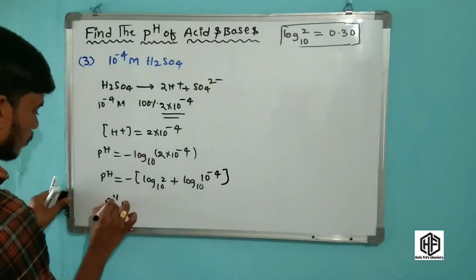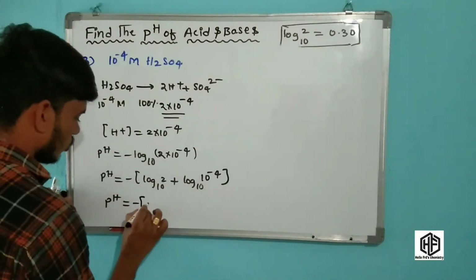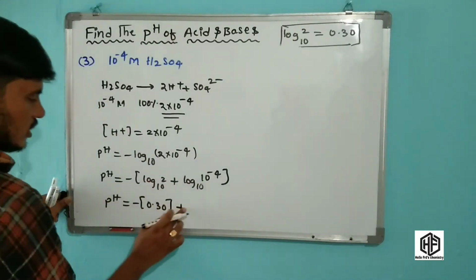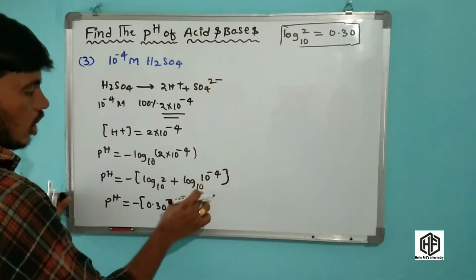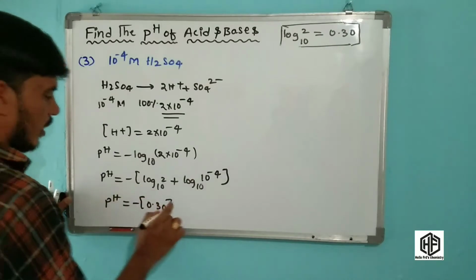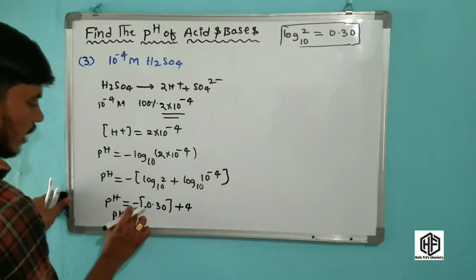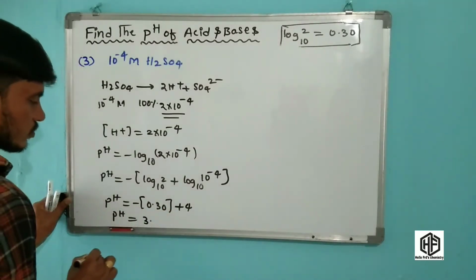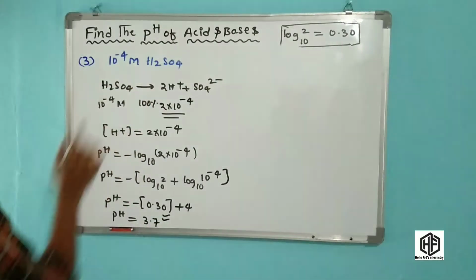The log base 10 of 2 is 0.30, and log base 10 of 10 to the power of minus 4 is minus 4. Now minus into minus is plus. So pH is equal to minus 0.30 plus 4, which is 3.7. 3.7 is the pH value of this problem.